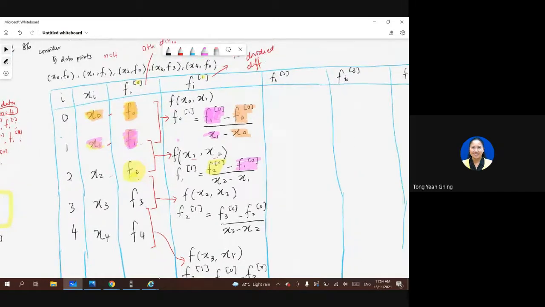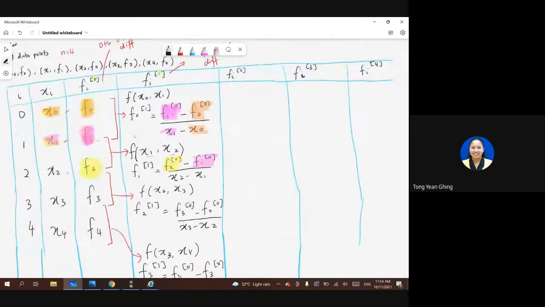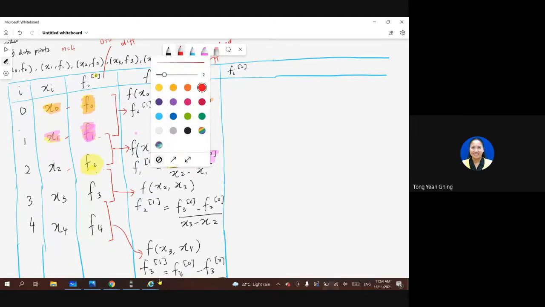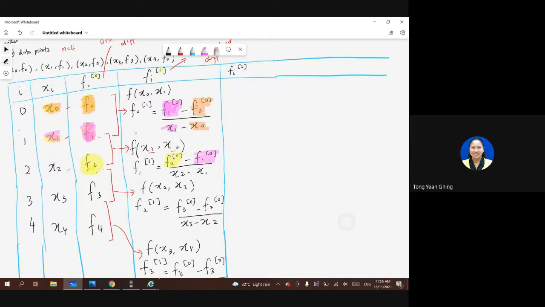Kemudian saya sapu lah. Saya sapu saja, sebab I think that there's not enough space. Now we go to the second divided difference, second degree. So apabila second degree, what I have to consider, saya akan consider these two.